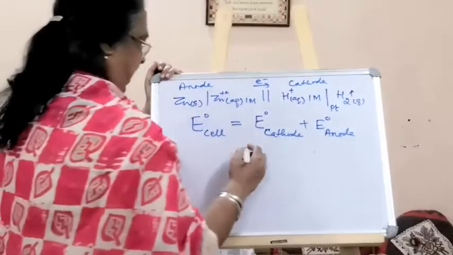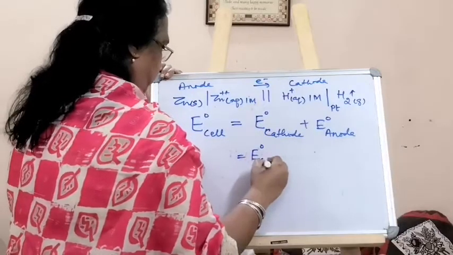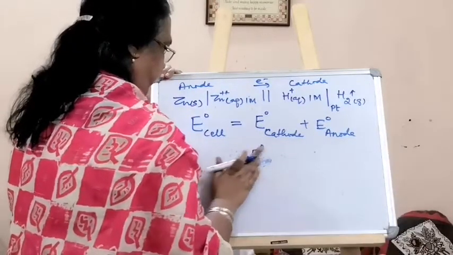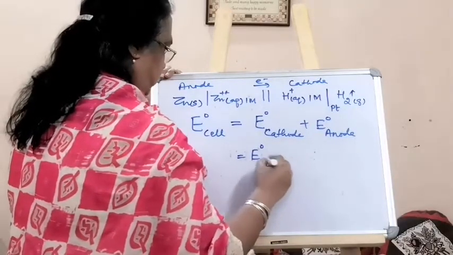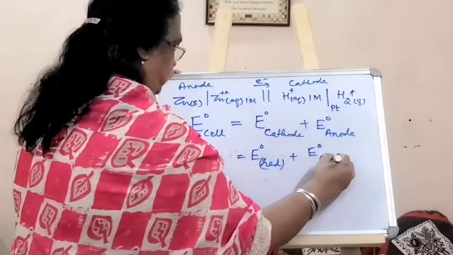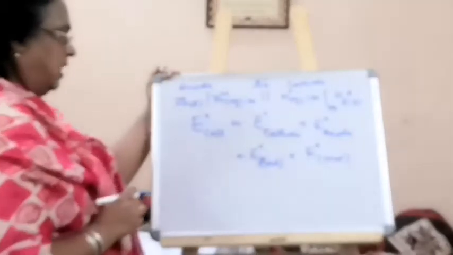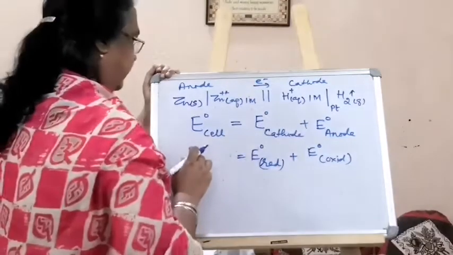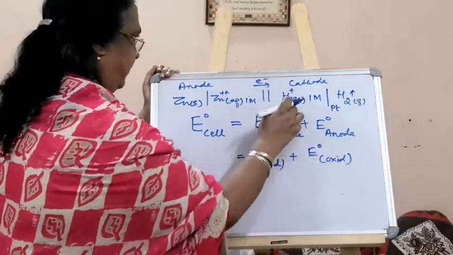Actually what it is there, we have E0 cathode, and at the cathode we have a reduction. So we can write E0 reduction plus E0 oxidation, because on this side oxidation is taking place. And then E0 reduction, what do we have in this case?